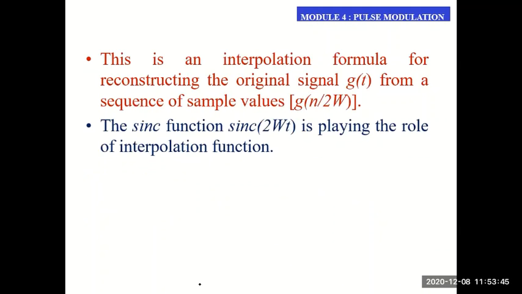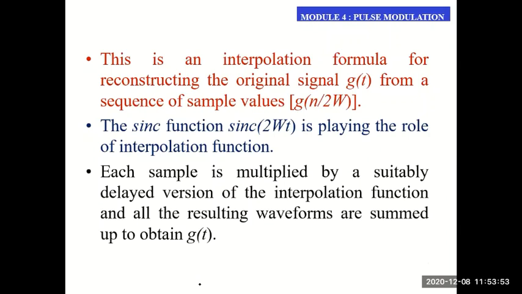The sinc function, sinc 2wt, is playing the role of the interpolation function. Each sample is multiplied by a suitably delayed version of the interpolation function, and all the resulting waveforms are summed up to obtain g of t.